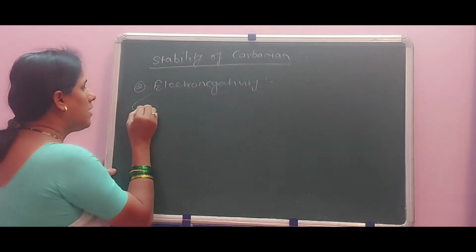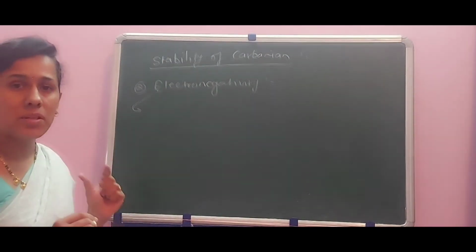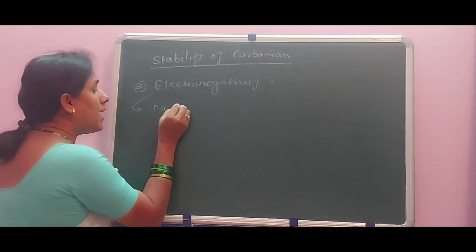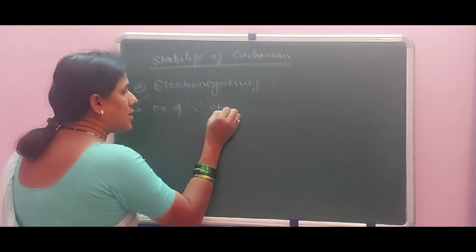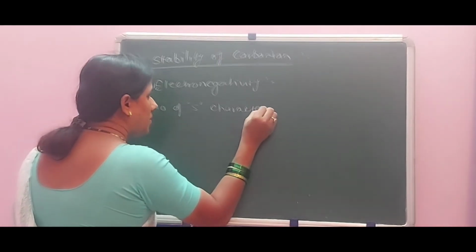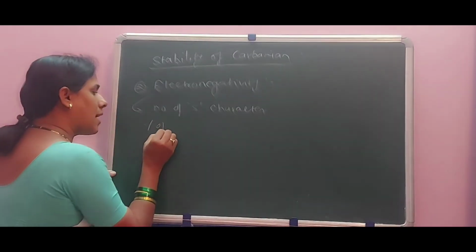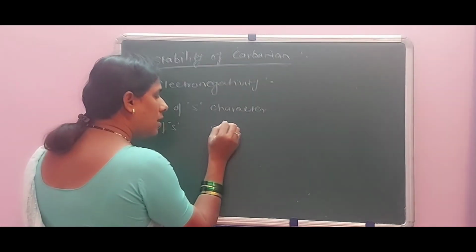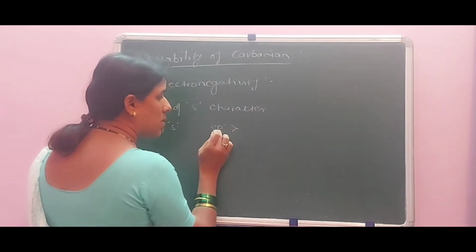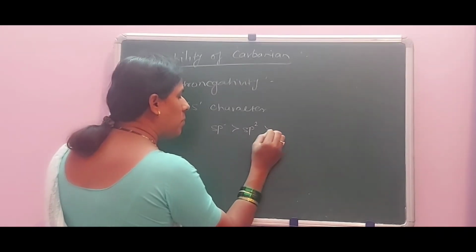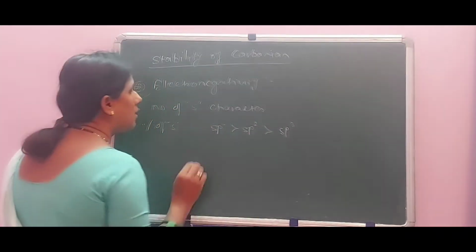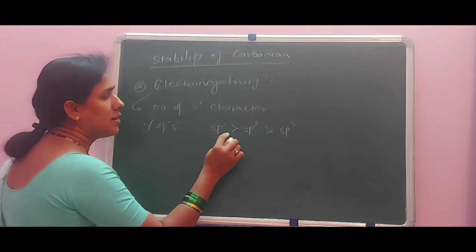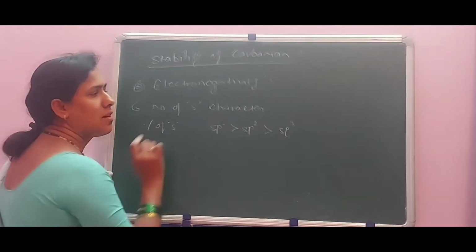In electronegativity, as far as this term is considered, it increases with the number of s character. As the percent of s character increases, from sp3 to sp2 to sp, the stability of the carbanion also increases in this fashion.